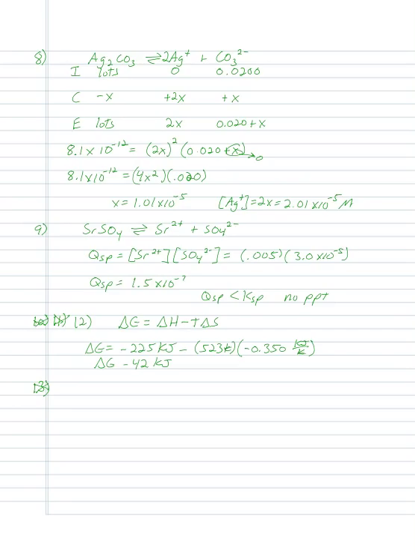So 14, which of the following is true if a process is spontaneous? Is the Gibbs free energy negative? Yes, so we know A is right, and I guess that's really the only option. What about the enthalpy for the process being negative? Probably, but maybe not.